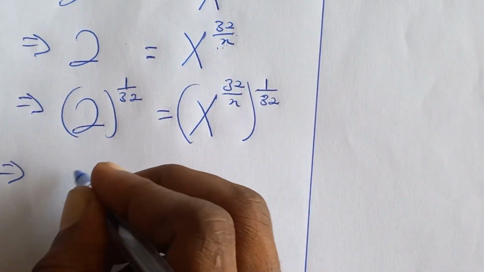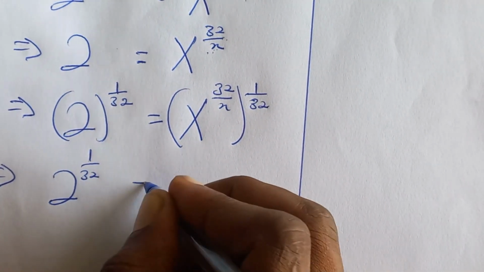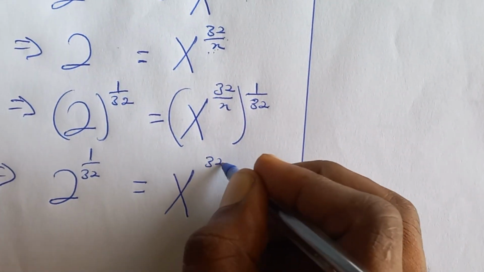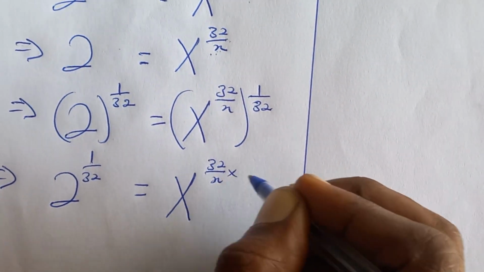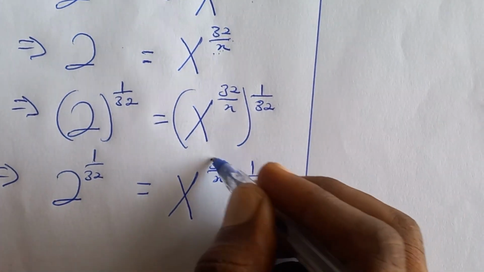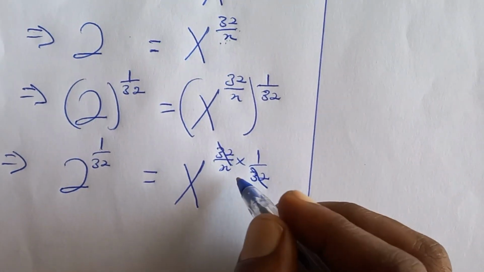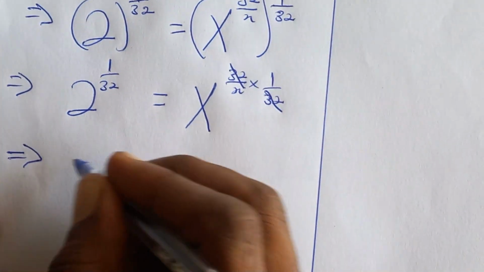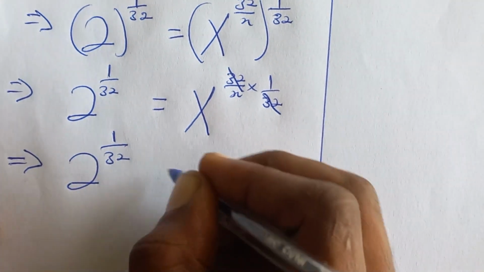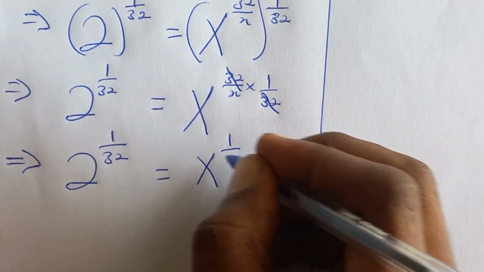You can see that this one will cancel this, leaving 1 on x. So it's going to be 2 exponent 1 on 32 is equal to x exponent 1 on x.